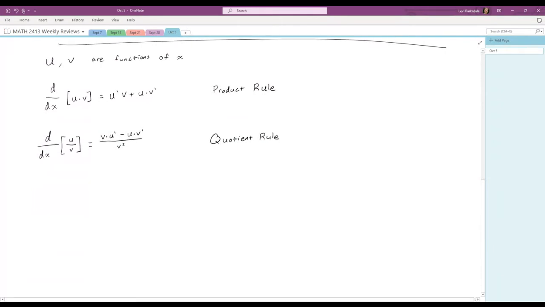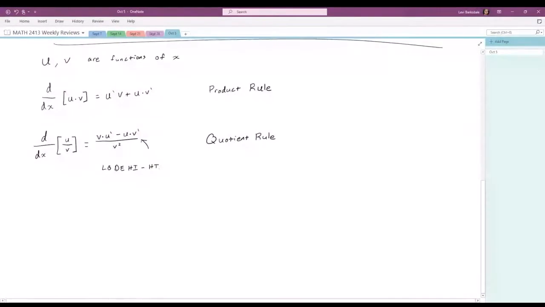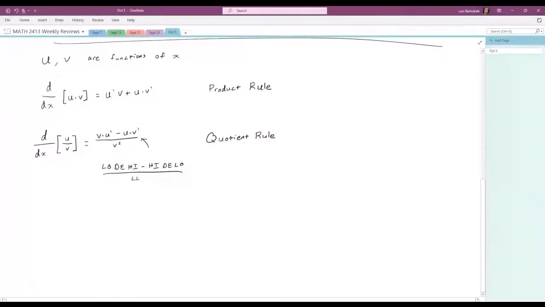Actually, I'll talk a little bit more about the quotient rule. Sometimes this can be a bit hard to remember. So I usually remember it using a little mnemonic: low d high minus high d low over low low. And it just rolls off the tongue a bit better.